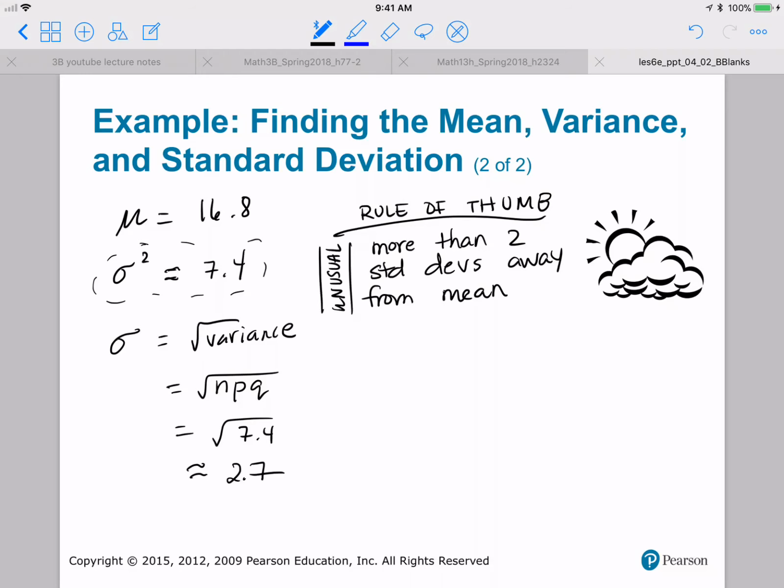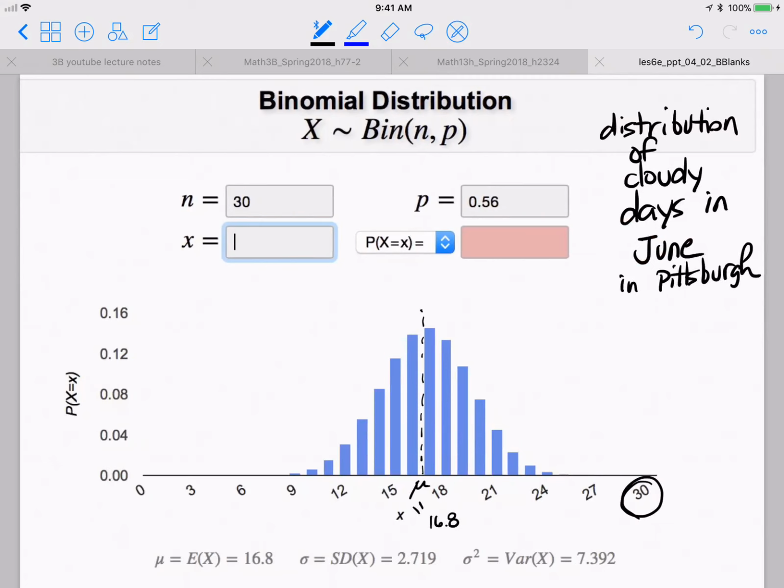An unusual event. So for us, we've got to figure out what's more than 2 standard deviations away from the mean. So we can go 2 standard deviations above the mean. Now, what is our standard deviation? Our standard deviation is 2.7. So we can go 2 standard deviations above, which would be 16.8 plus 2 times 2.7, which would give us 22.2.